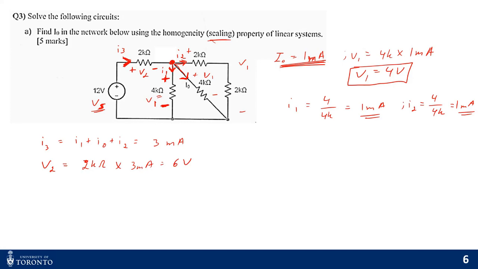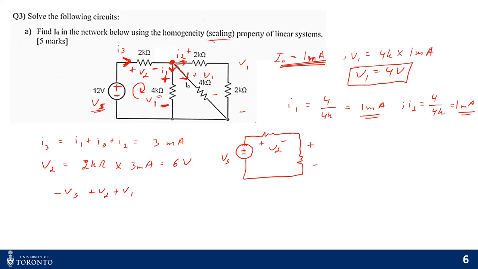So the voltage across this is 6 volts, and the voltage across this resistance is 4 volts, so I can apply KVL in this loop. Applying KVL, I get minus Vs plus V2 plus V1 equal to 0, because this is my Vs, this is my V2, and this is my V1.